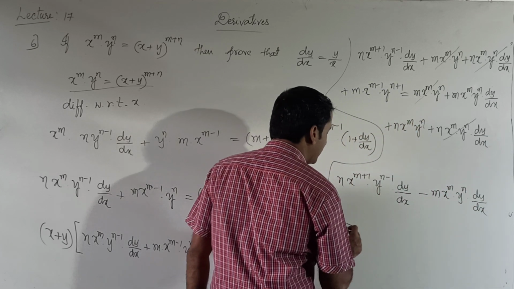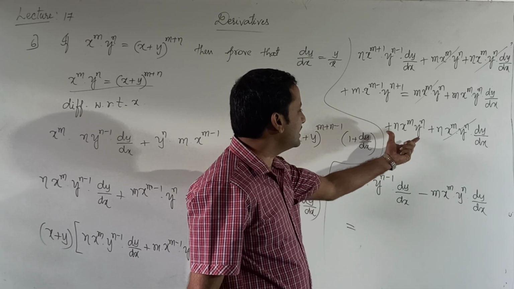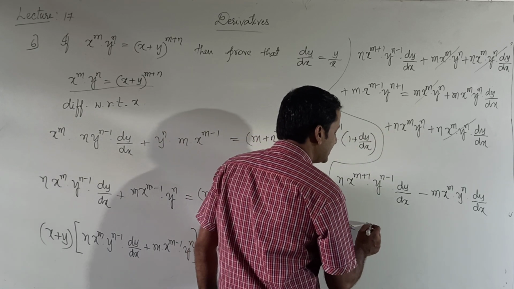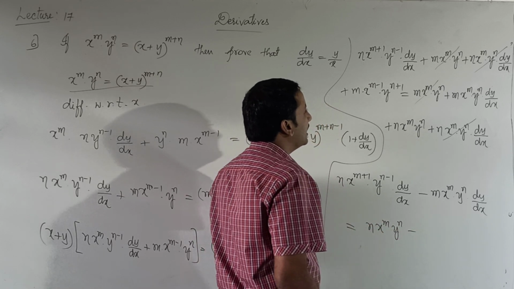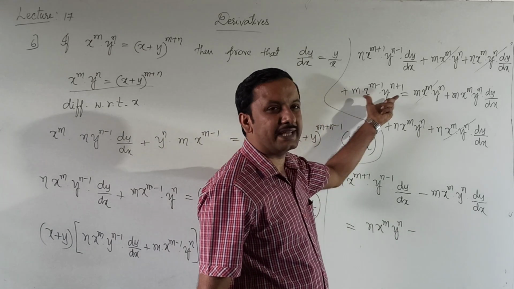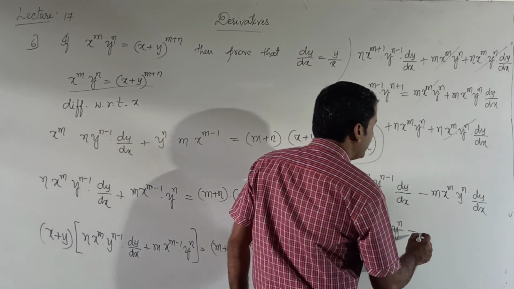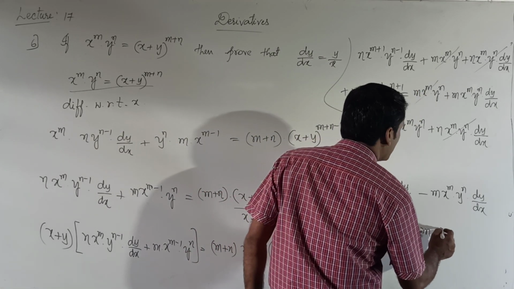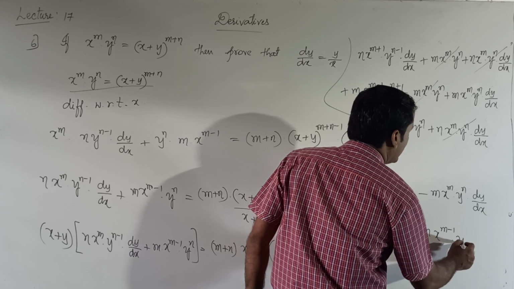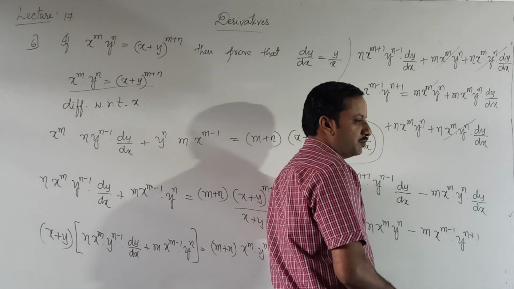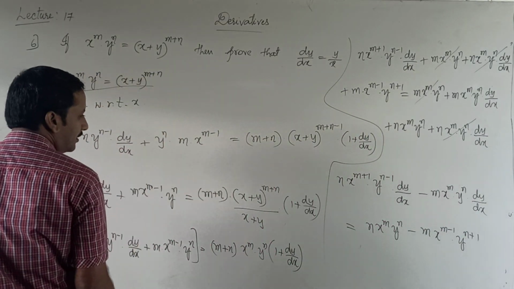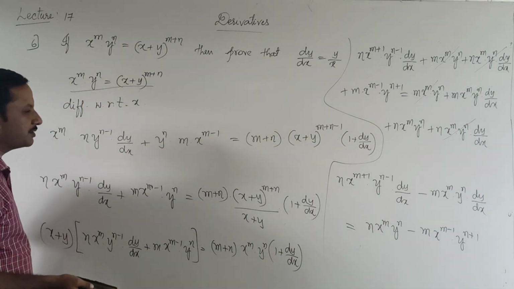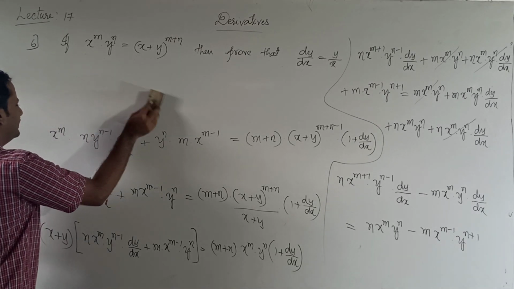That is equal to, on RHS this term is remaining as it is, n into x power m y power n minus, and now this term I am taking it to RHS. That will be m into x power m minus 1 into y power n plus 1. I don't have enough space, so I will run this.